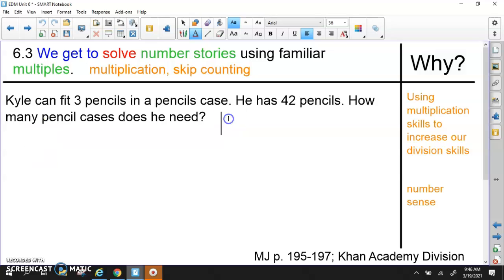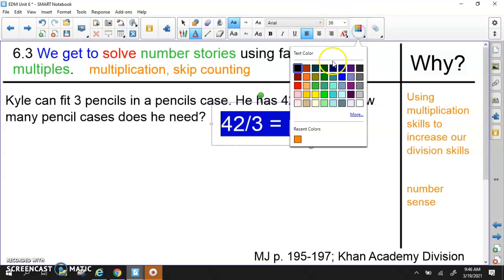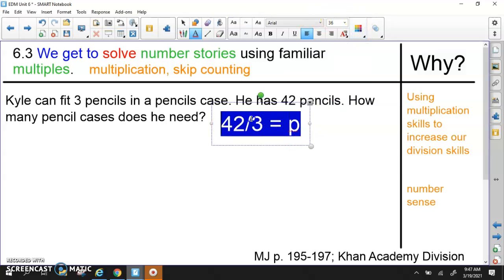Basically, how we're thinking about it in division terms is 42 divided by 3 equals what, okay? Is everybody okay with that? That we're dividing our 42 pencils into groups of 3 to find what it is, okay?